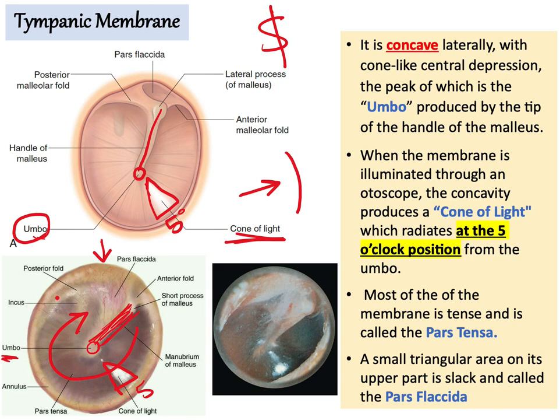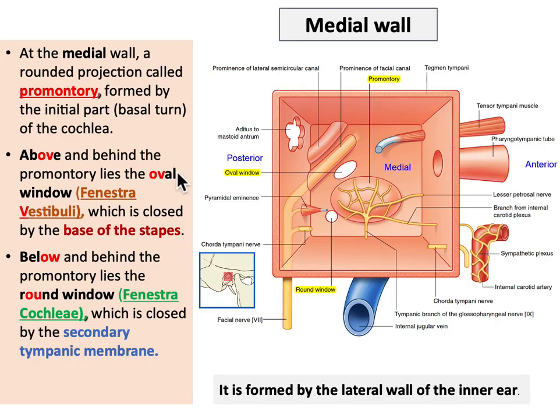This part we call pars tensa, while this small flaccid part we call pars flaccida, right? So this is the pars flaccida, and this half is pars tensa. So we are describing the tympanic membrane.